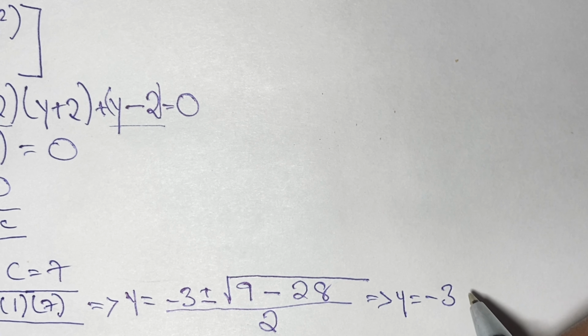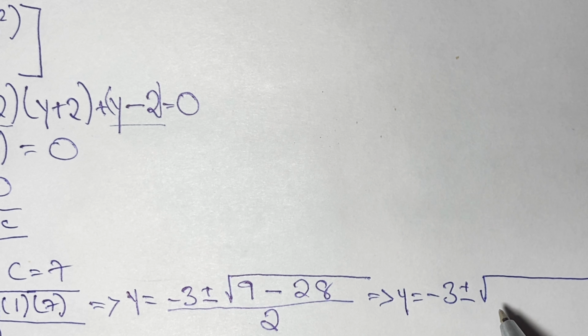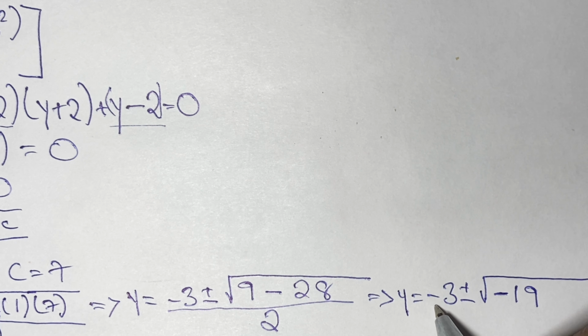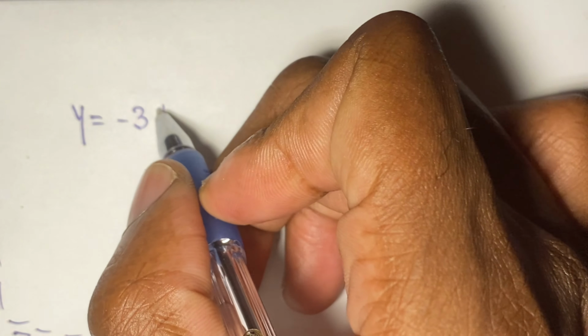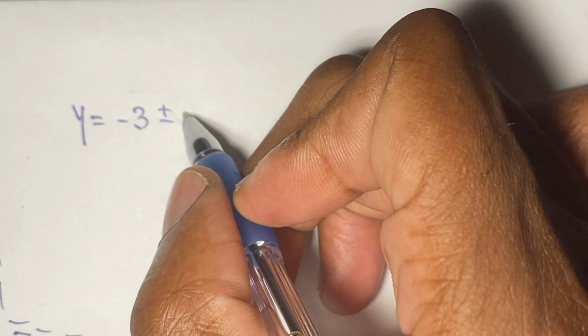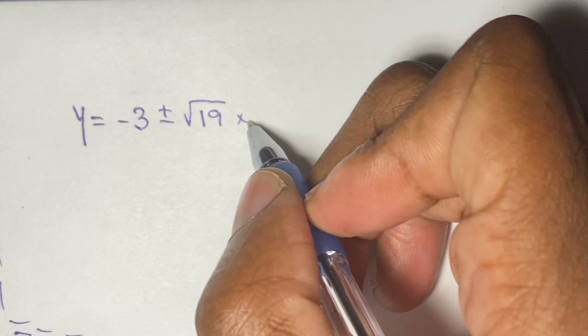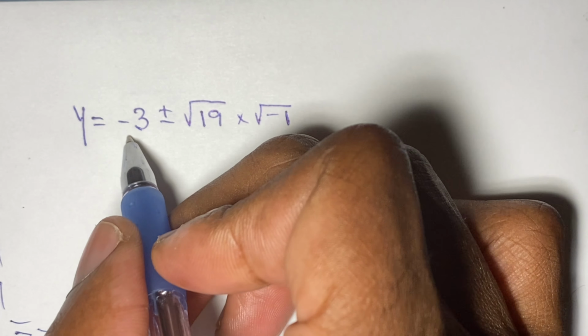And then from here, y is therefore equal to negative 3 plus or minus the square root of 9 minus 28 gives us negative 19. So we'd have negative 3 plus or minus the square root of negative 19 over 2. Now from here we say y is equal to negative 3 plus or minus the square root of 19 times the square root of negative 1.